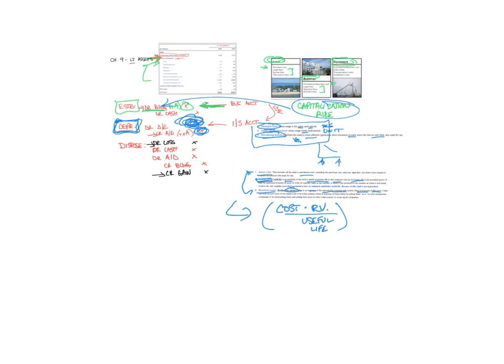The last item that I want to highlight in this introductory video for non-current or long-term assets is how we typically split those out into two different categories. Long-term assets are typically split into tangible and intangible assets.